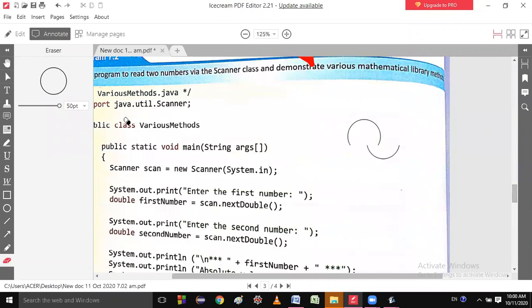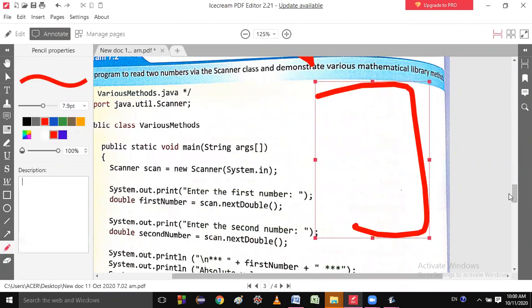Next, a program to read 2 numbers via the scanner class and demonstrate various mathematical library methods. So I think you can do these things. Can you write these programs?